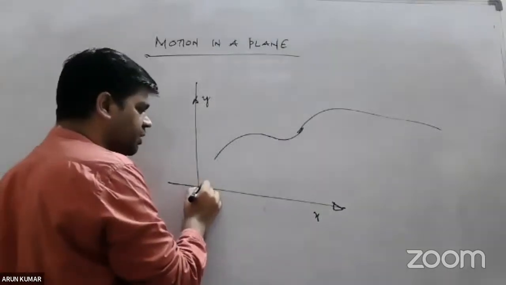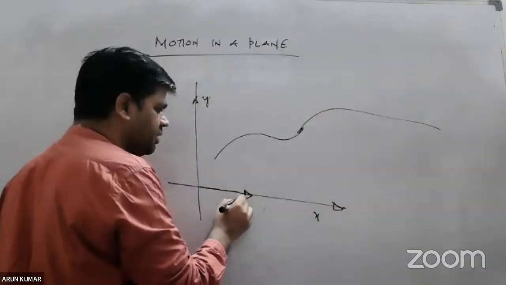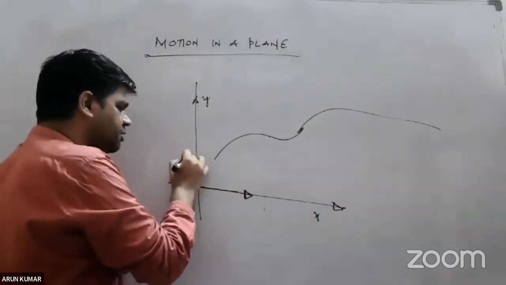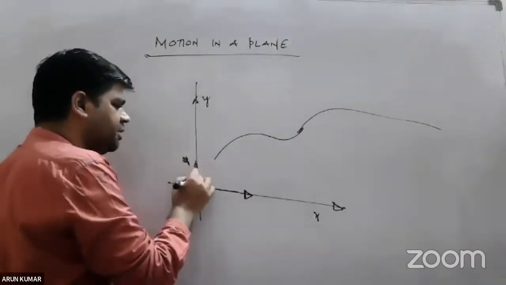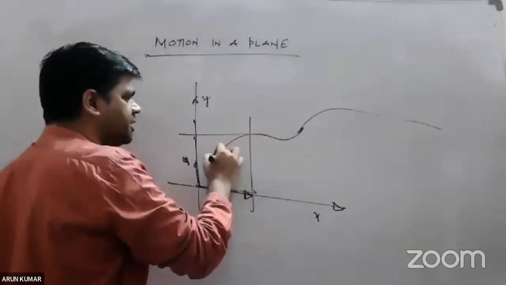That means if a particle is moving along x-axis with certain velocity and acceleration, and another particle is moving along y-axis with certain velocity and acceleration, the intersection of these two is what gives me this trajectory.